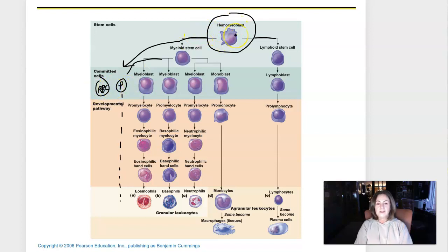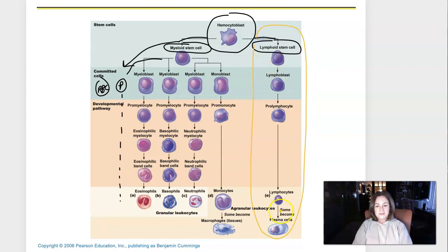Very initially, the hemocytoblast differentiates into what's called a myeloid stem cell or a lymphoid stem cell. And you know how we were just talking about how the lymphocytes are very, very different from the other types of white blood cells? Hopefully this will come as no surprise that the lymphoid stem cell just gives rise to lymphocytes.